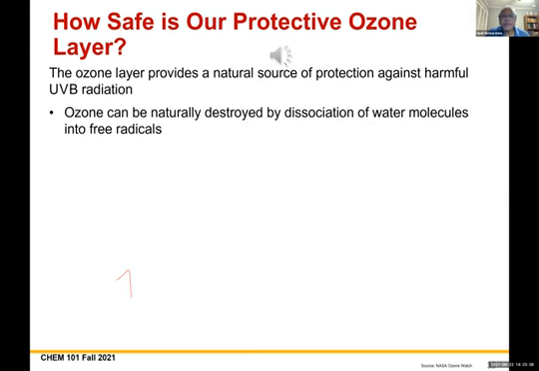Ozone can be naturally destroyed by dissociation of water molecules into free radicals. Ozone can be dissociated with water molecules, but the atoms will have unpaired electrons, giving water and hydroxide ion. Ozone can break up water and produce free radicals.